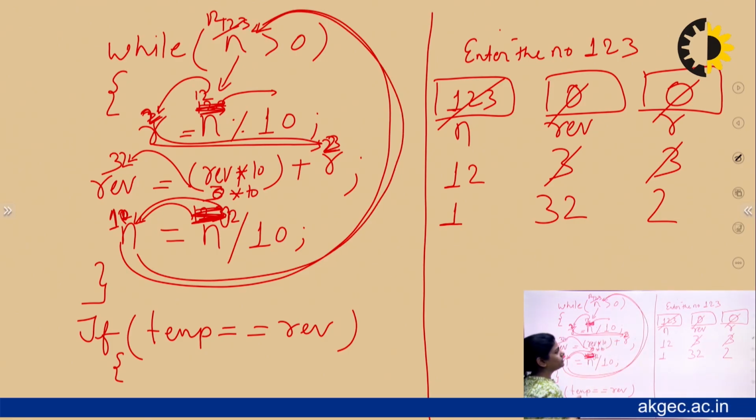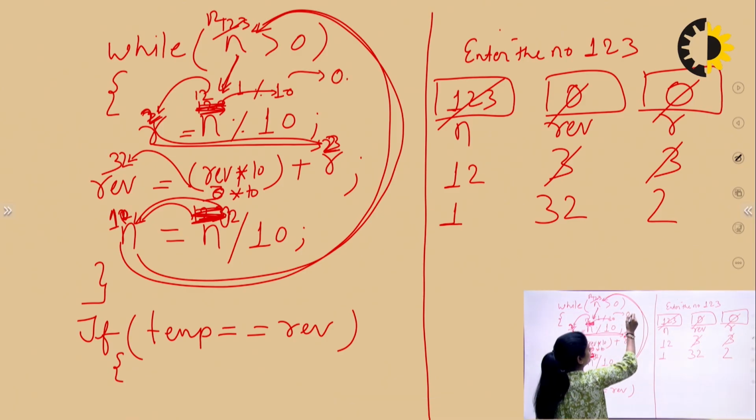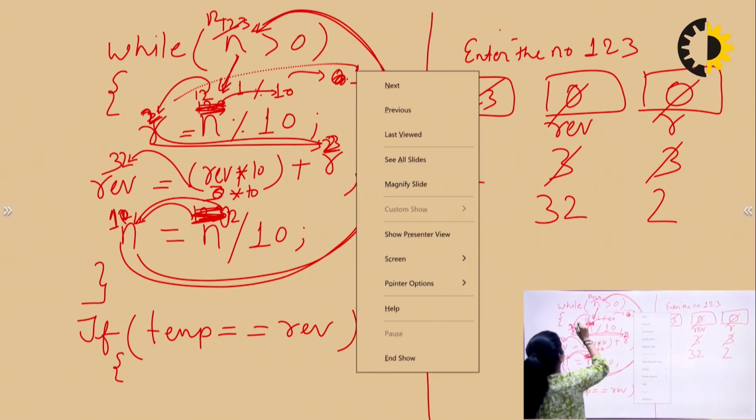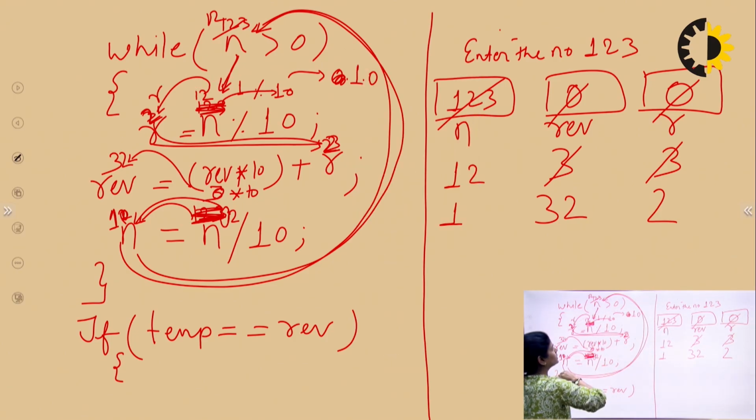Now condition will check N is greater than 0. Number 1 is greater than 0. Your number is true. Now your condition will be true inside and N modulus 10. N is 1. 1 modulus 10. It's mean 0.1. Now your modulus come to the here is R. Okay.